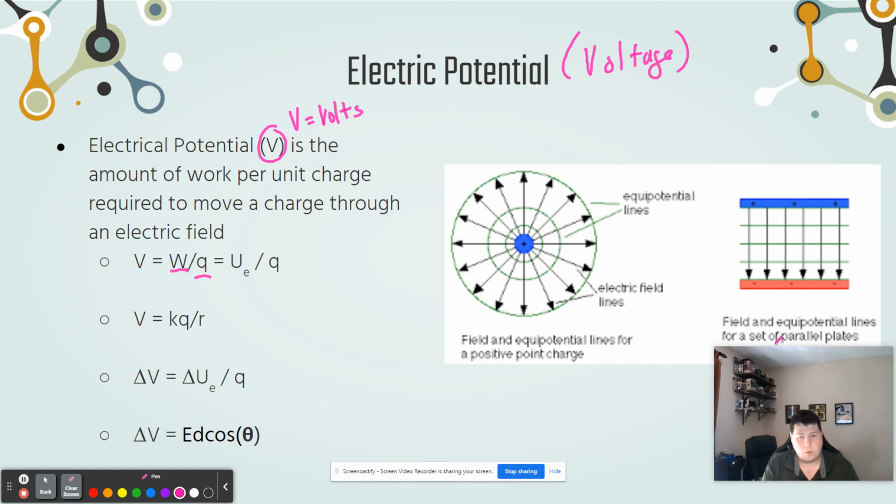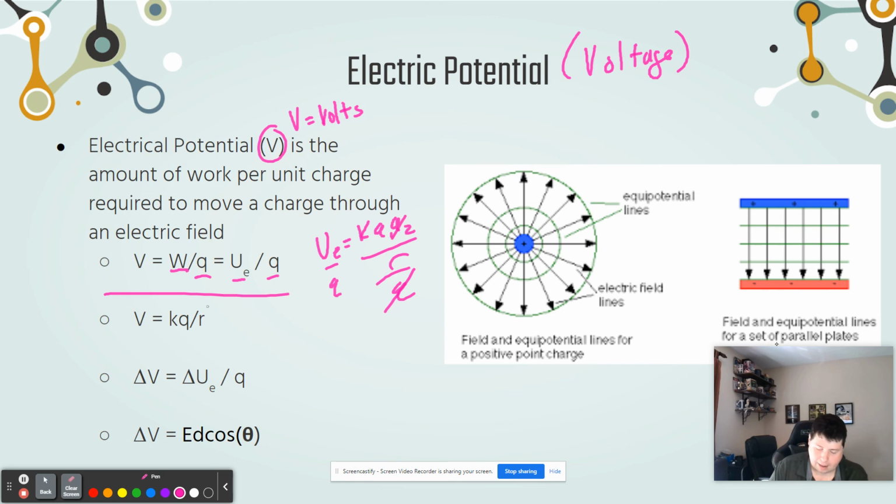So work we can replace with potential energy, and say voltage is potential energy divided by Q. That leads me to my very first equation. This first one's more of just a definitional equation: remember that potential energy was kQ1Q2 over r. If I divide by Q, I can cross off one of the Q's and I'm left with this equation here, that voltage is kQ over r.